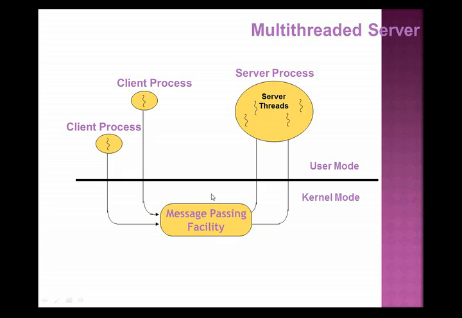So the message passing facility is a mediator that passes the message from the client to the server by enabling or detaching the two modes, that is the user mode and the kernel mode. This is the client process, this is the server process, and these are the server threads. This is the message passing facility. There is a user mode, there is a kernel mode.